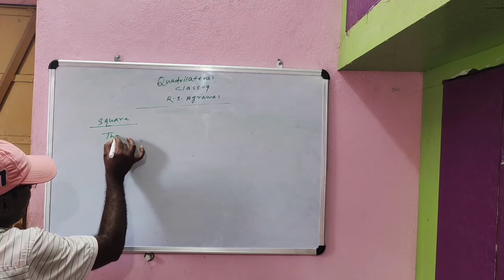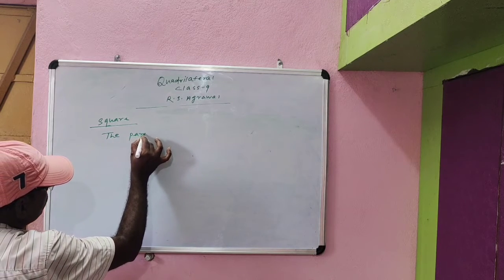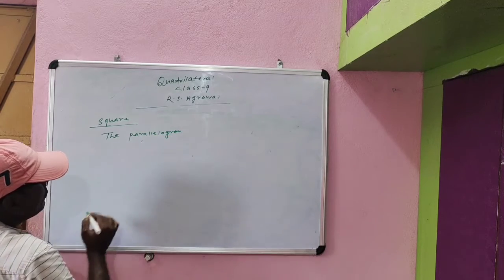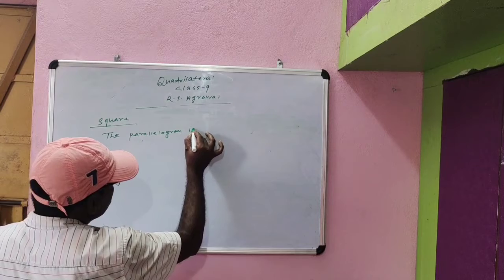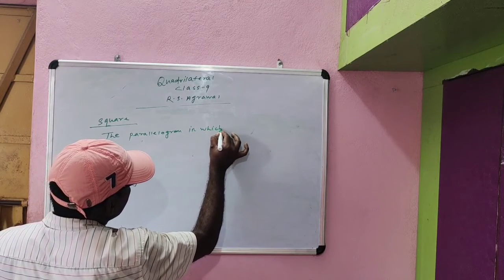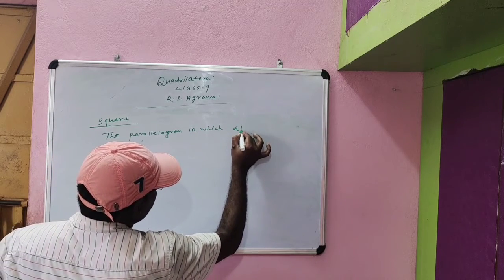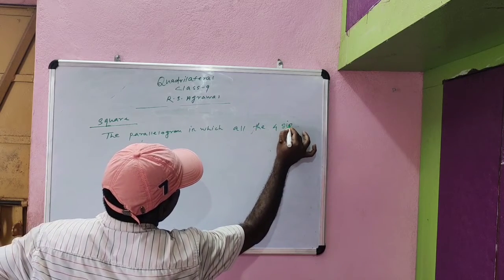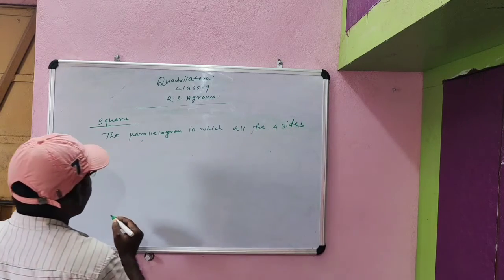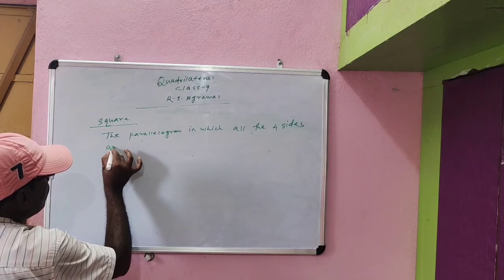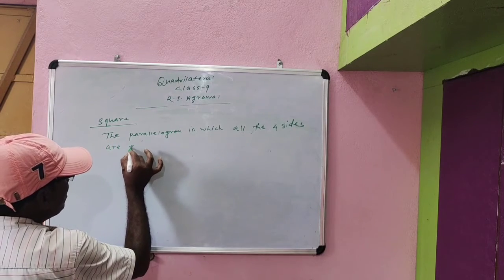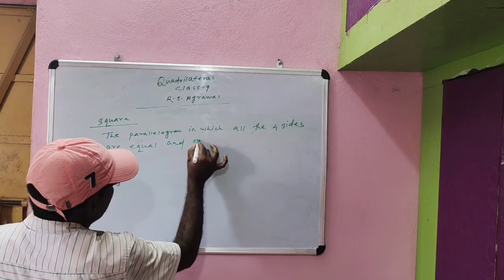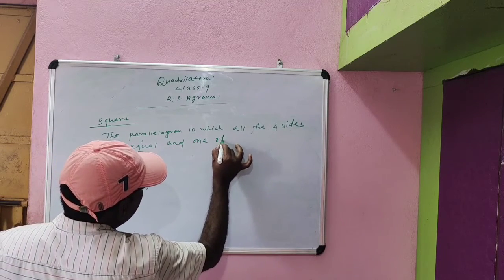The parallelogram in which all the four sides are equal and one of the four angles is 90 degrees.